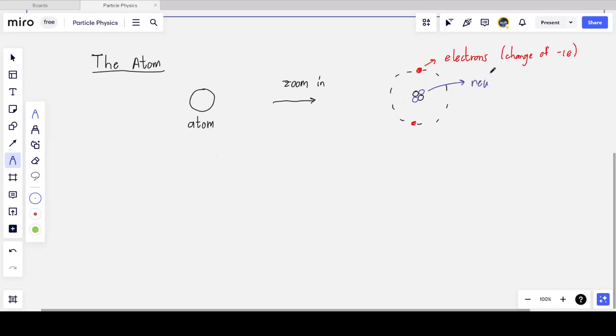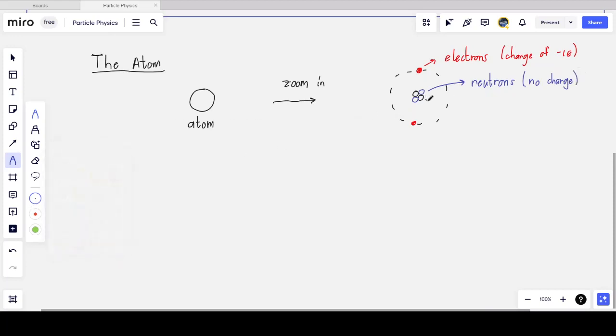And neutrons are particles that are relatively heavy, much heavier than electrons, that's for sure. And neutrons, well, you can see from the first part of the word, they are neutral. They have no charge. So neutrons don't have any charge.